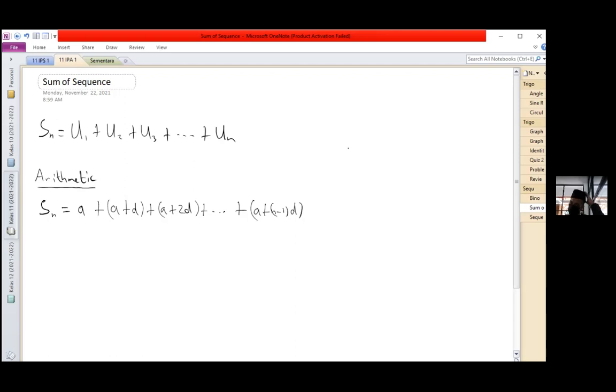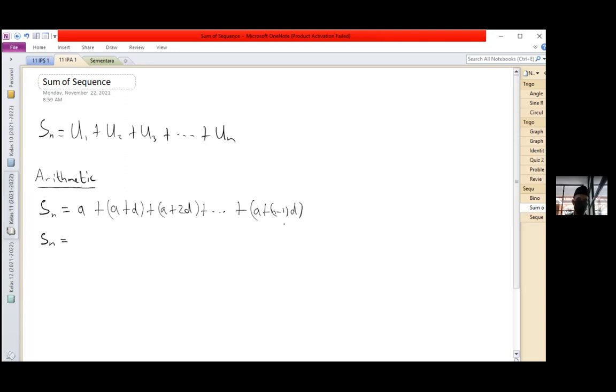Now we write it again, starting from the last term. If we have 1 plus 2 plus 3, it's the same as 3 plus 2 plus 1. If we change the order, it doesn't matter. So that's what we will do here.